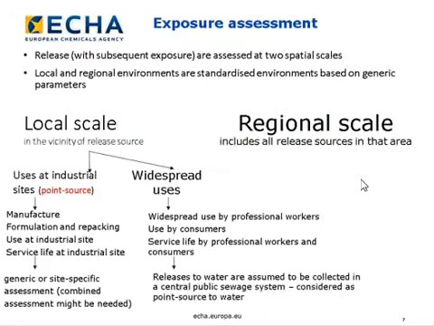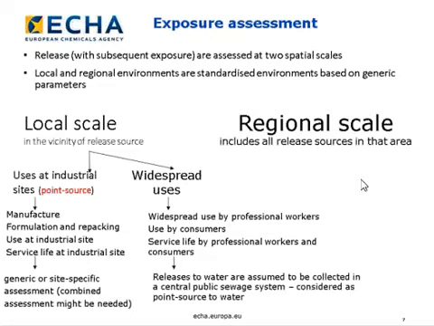Now coming to exposure assessment, as I mentioned, there are three steps in general. But just before coming to those steps, I want to mention that in principle an exposure assessment under ECHA is done on two spatial scales, local and regional.